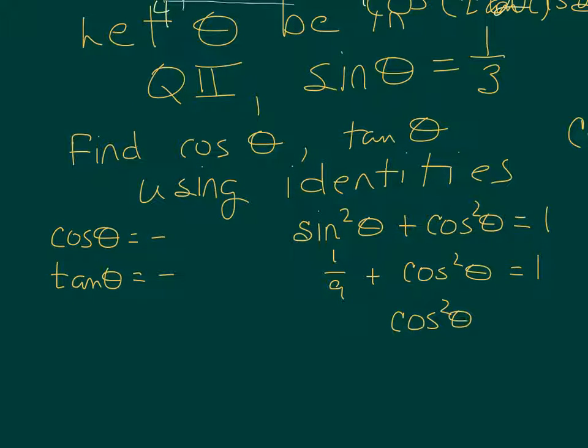The cosine squared is 8/9. So the cosine is equal to really plus or minus the square root of 8 over 3. But we've already determined we have to use the negative value. Should we simplify? Yes.